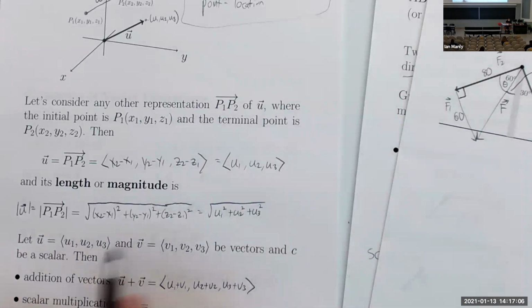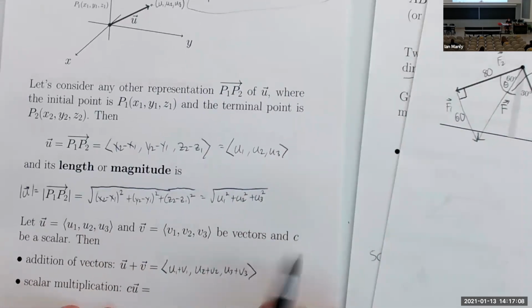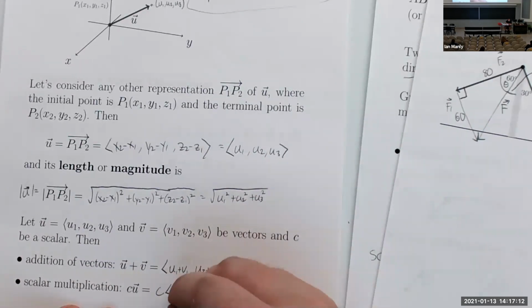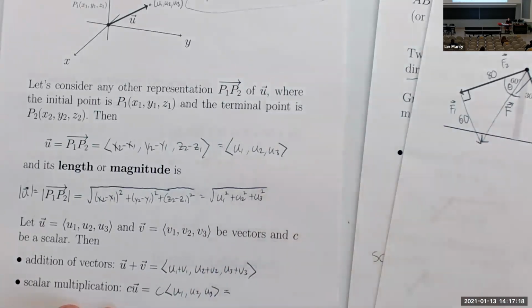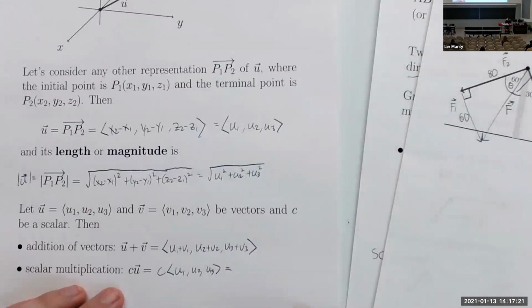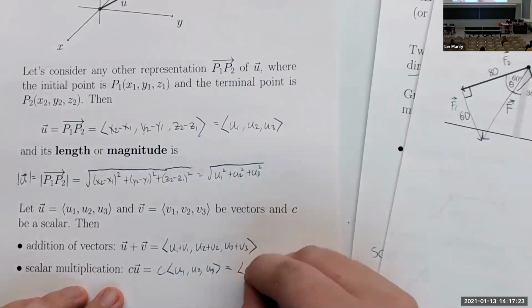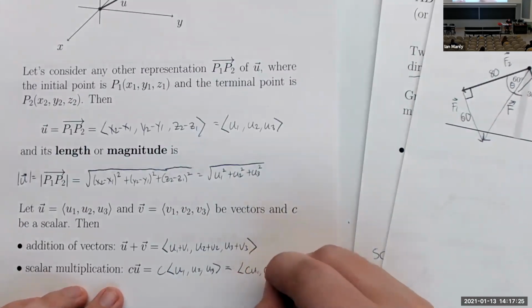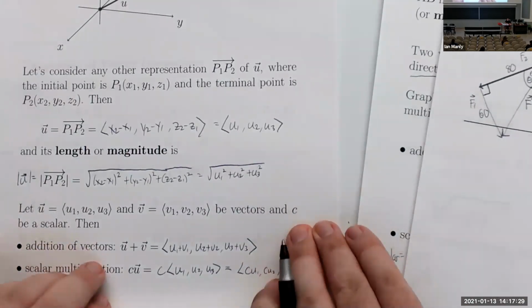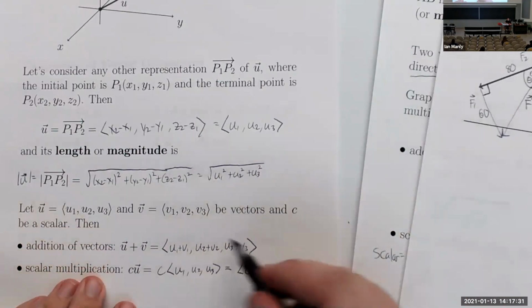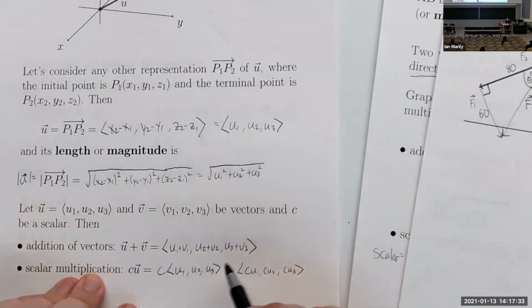You just add all of the matching components together. Scalar multiplication is also pretty easy. If I have c times u1, u2, u3, then I'm just going to multiply each one of them individually by c. So I have cu1, cu2, cu3. It's pretty easy to do these things once you have this algebraic or component form for vectors.